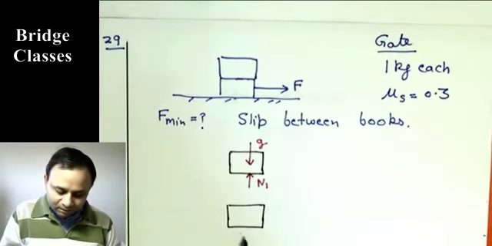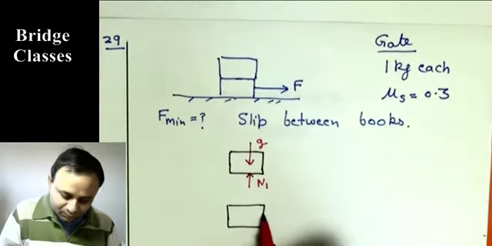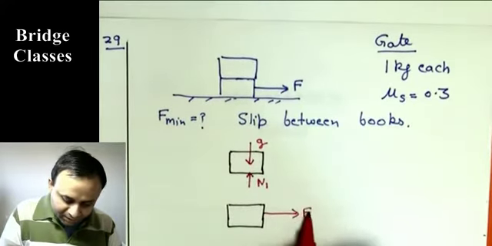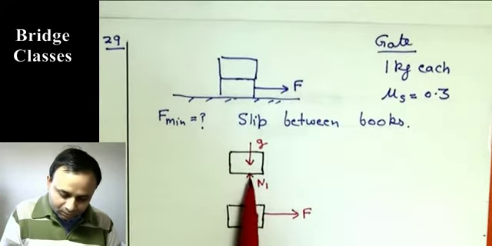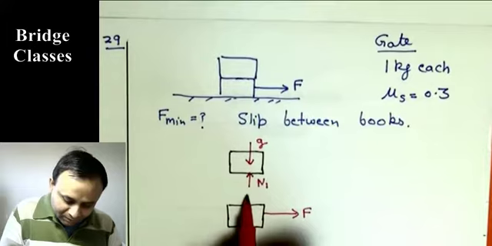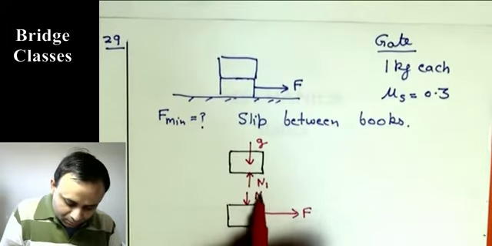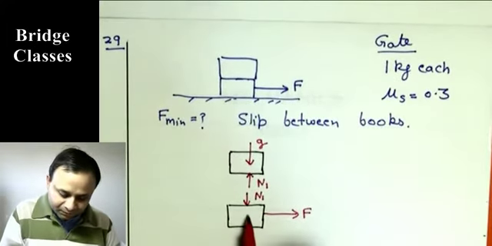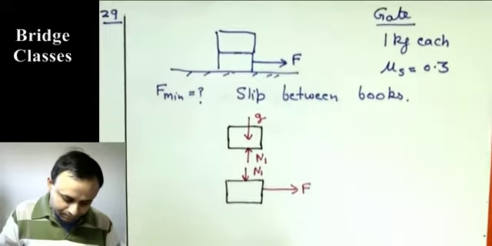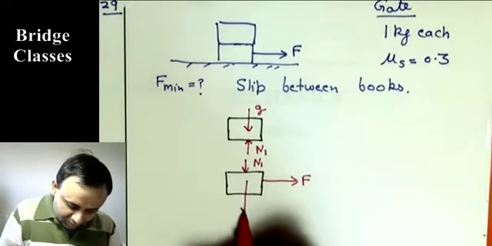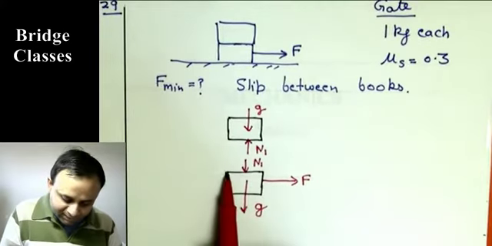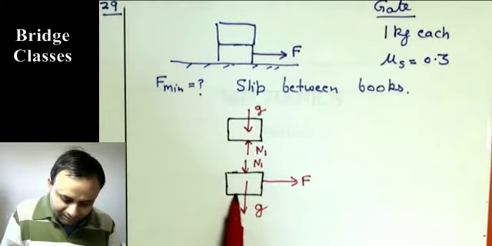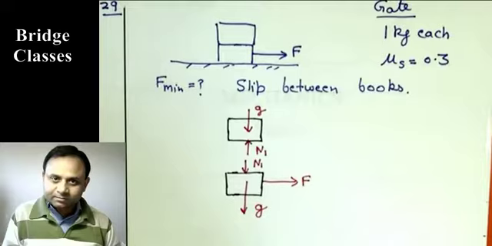Okay, let us draw the free body diagram for this body. It has force F applied. From the top, this contact, this normal force was N1, so that will be N1 on this. Then its weight acting downwards, it is just G. And at this surface and this surface, there is friction.